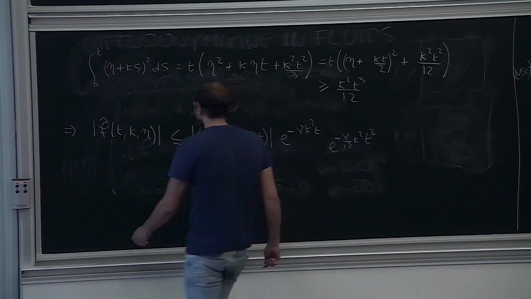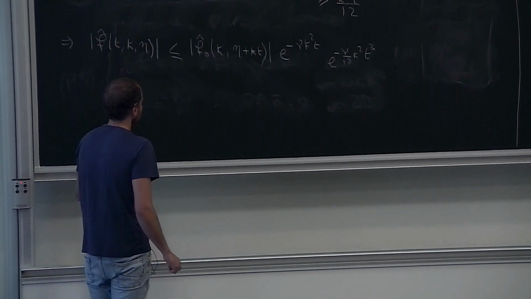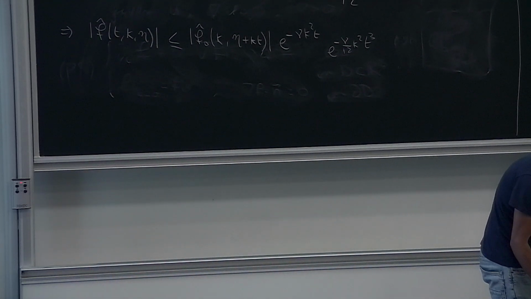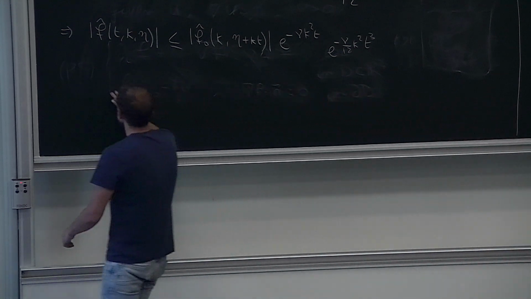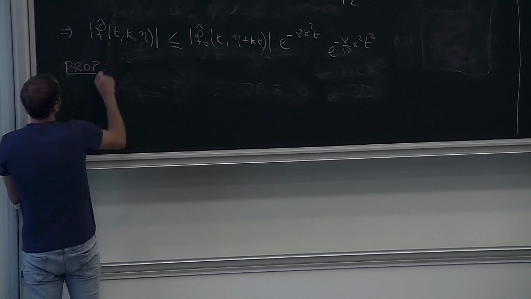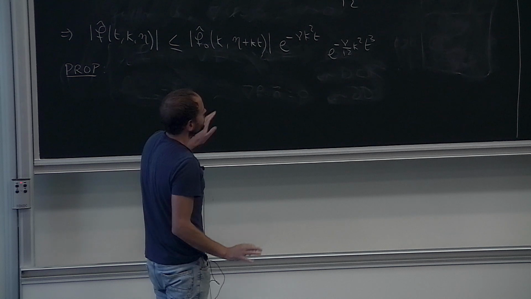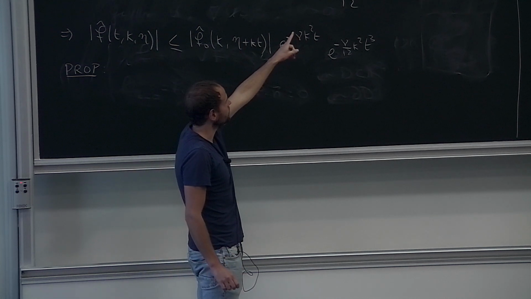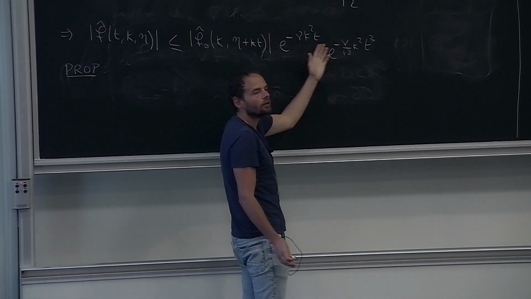So that's what's happening here. Let me just retranslate this into estimates in real variables. Maybe I'll just put a proposition here. So when is this estimate good, really? You see, I'm throwing away all the y information, because eta, I just threw everything away. So if k is equal to 0, there is nothing.